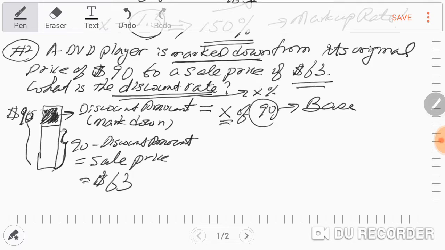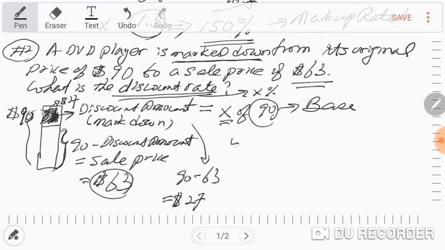This is given. Then what is the discount amount? The discount amount is the total minus 63, so $27. So $27 is the discount amount.